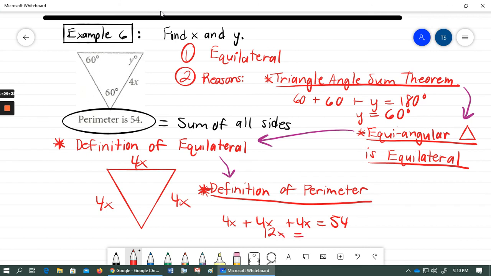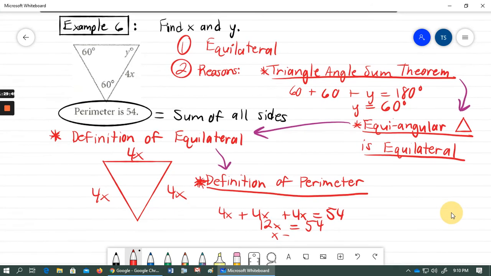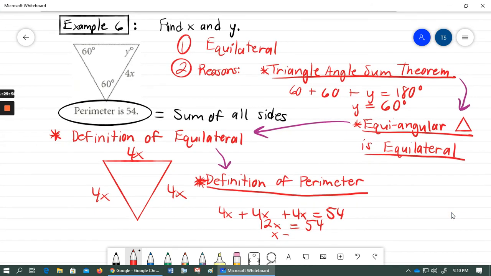We divide by 12, we get 4.5, or 9 halves. All right, so y equals 60, and x here is 4.5.